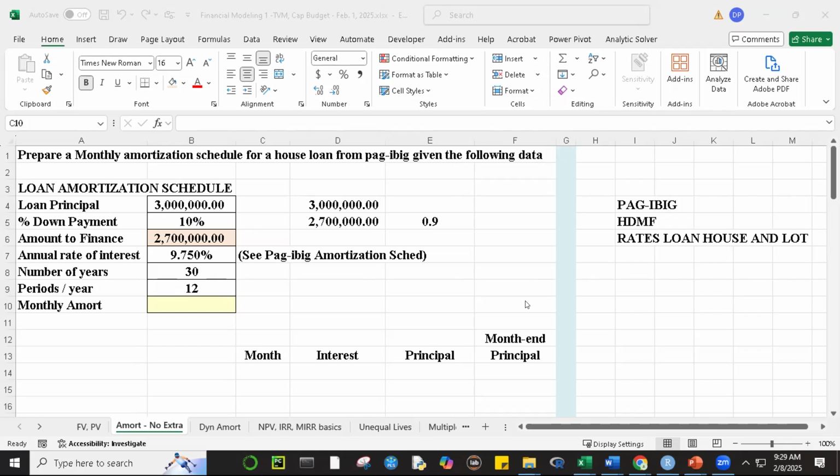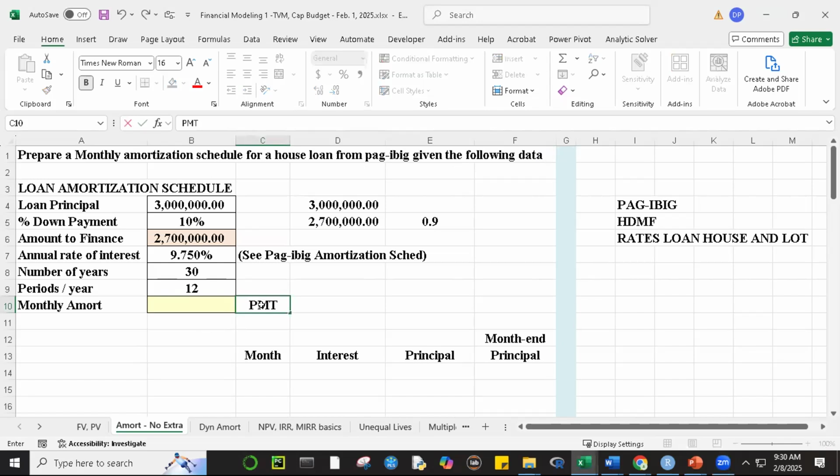It's PMT because, as we learned last time, PMT determines the annuity. And this is monthly, but it's still an annuity because you're going to pay the same amount for 30 years, and that's monthly. So that's 360 periods. Thank you, Aliana. This is PMT.